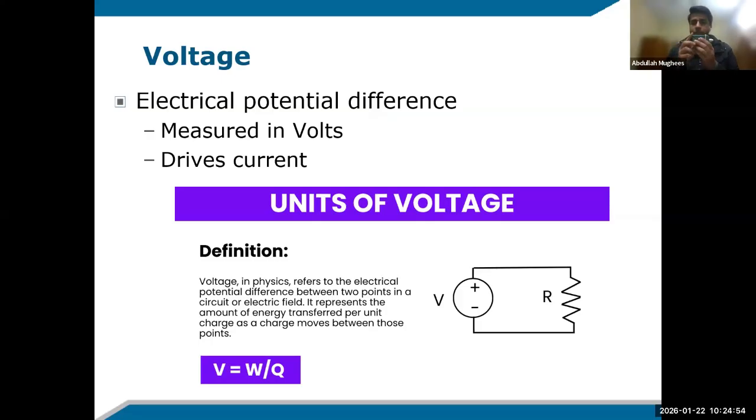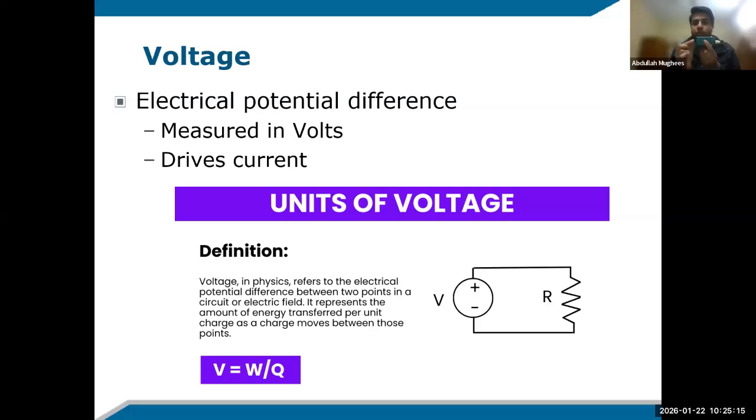Let's say I have an element in my hand and it has one point here and it has another point here. So there are 2 points of this element. Voltage is the difference of electrical potential between these 2 points.